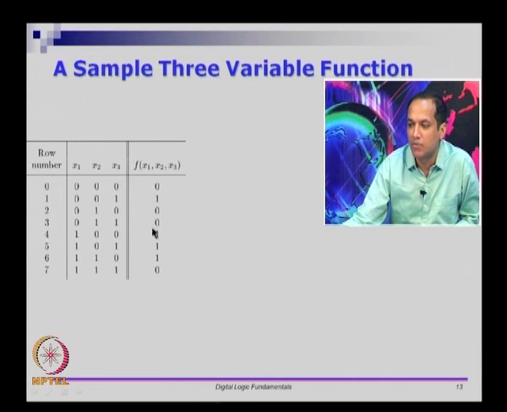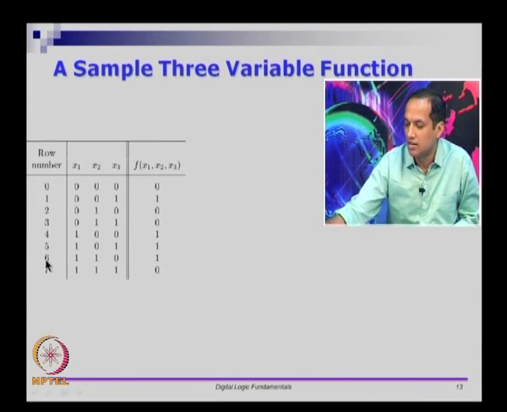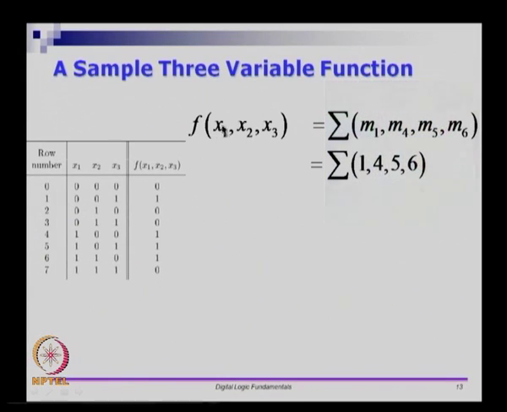For sum of products, remember, you go and look at all the ones. There is row number 1 which has a 1, row number 4 which has a 1, row number 5 which has a 1, and row number 6 which has a 1. So what we are going to write is f of x1, x2, x3 is, take the rows in which you have ones, and we pick the corresponding minterms and put a logical OR of those.